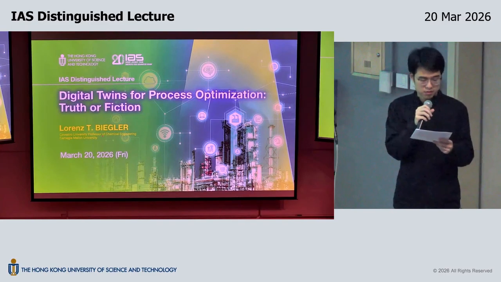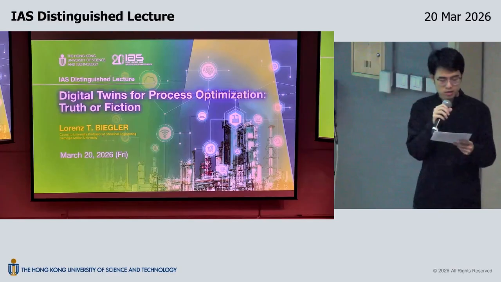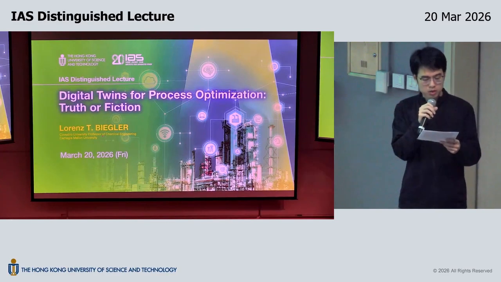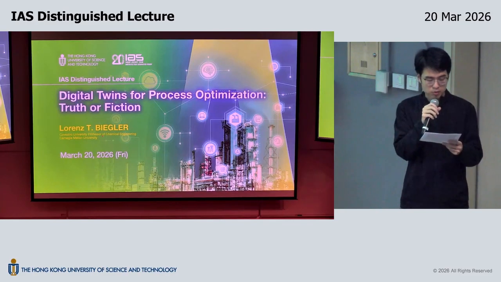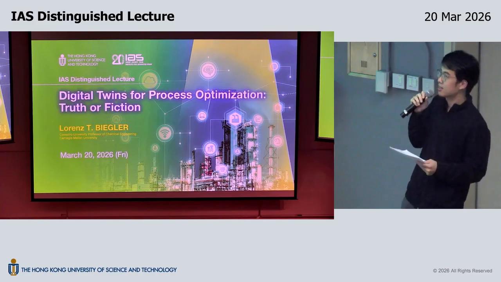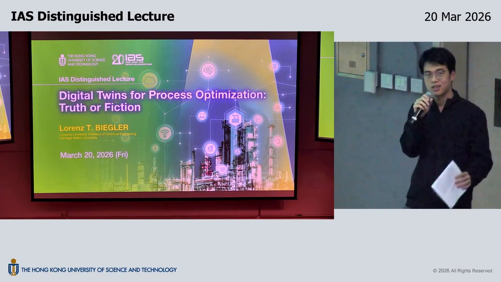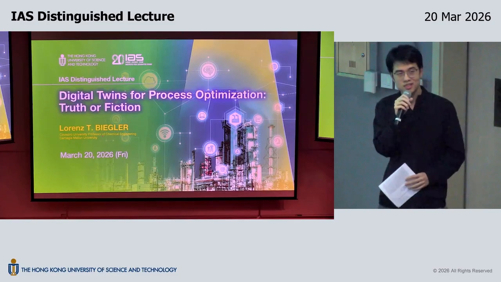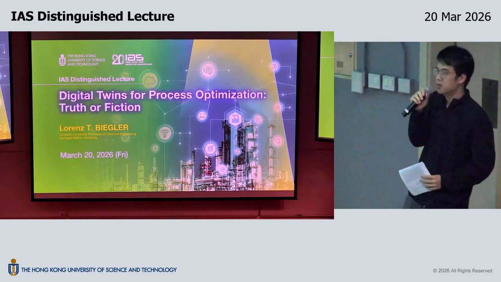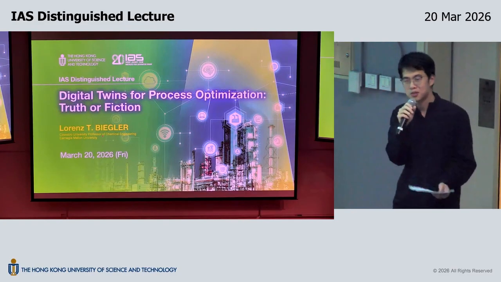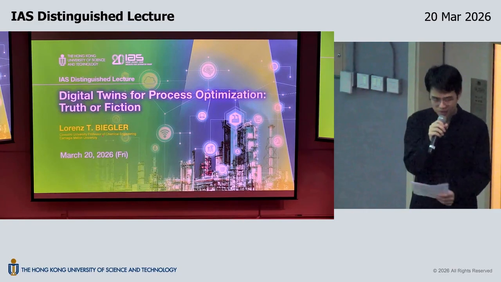He's an author of over 600 publications and 2 textbooks, and he has edited 11 technical books. He's a fellow of the AICHE, IFAC, and SIAM, and a member of the US National Academy of Engineering. So today he's going to talk to us about the concept of digital twins and its application in process optimization. So without further ado, I'll pass the time to Professor BIEGLER.